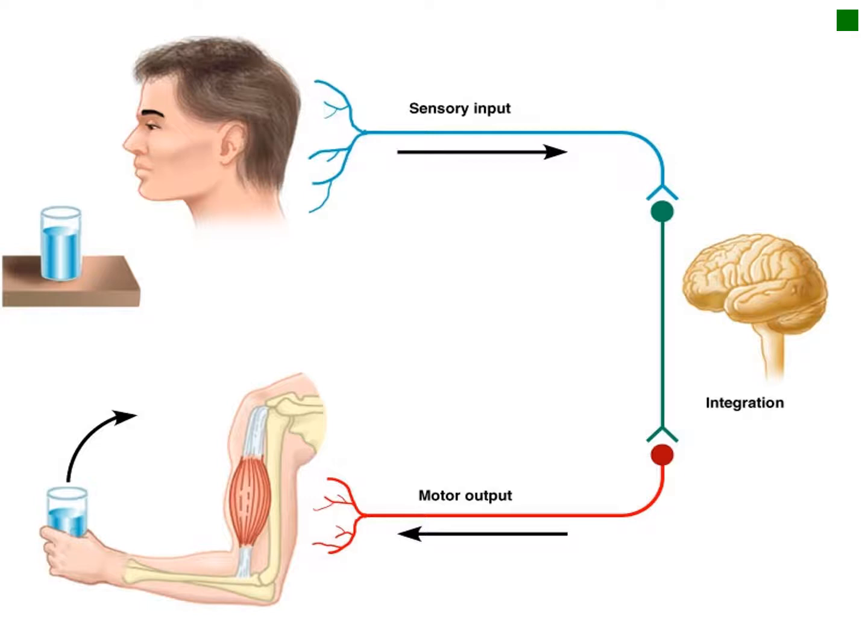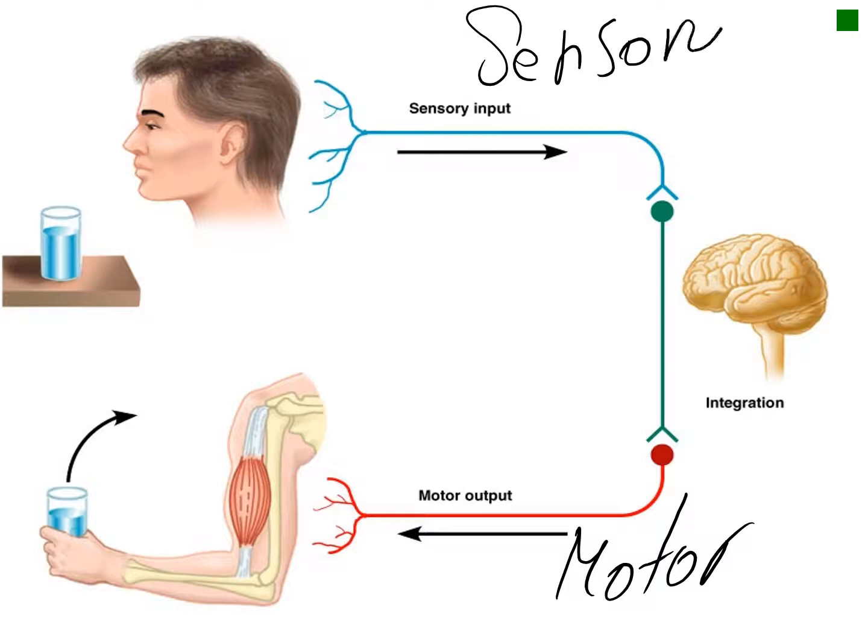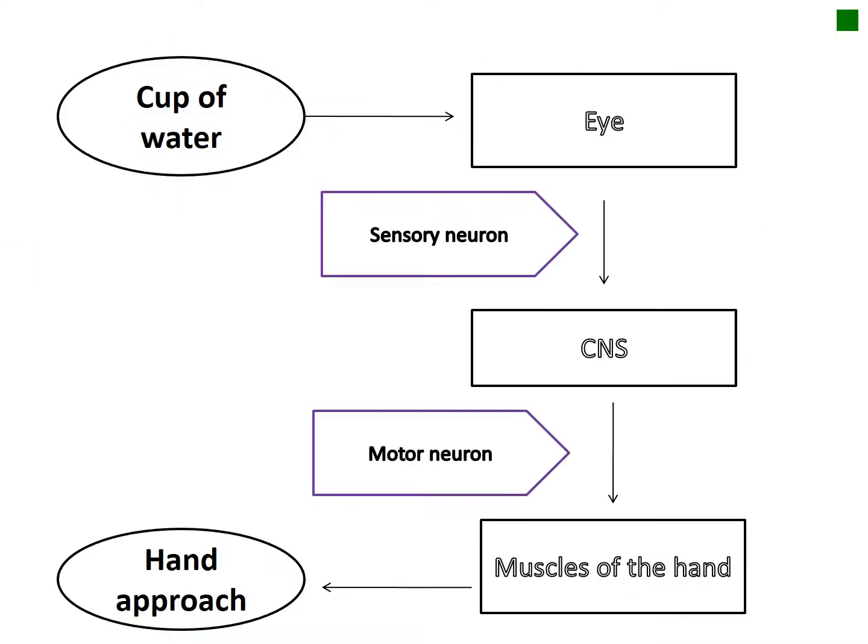The central nervous system integrates the message, analyzes it, and sends the message back through the motor output through a special neuron called the motor neuron, while here it is the sensory neuron, and sends the message to the effector organ, which is here my hand, to use my muscle and hold the cup of water.